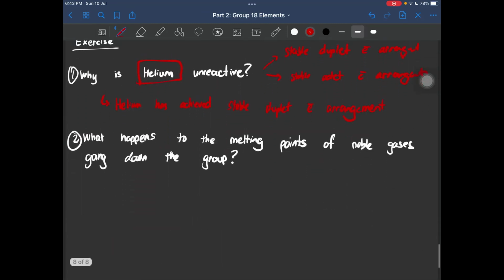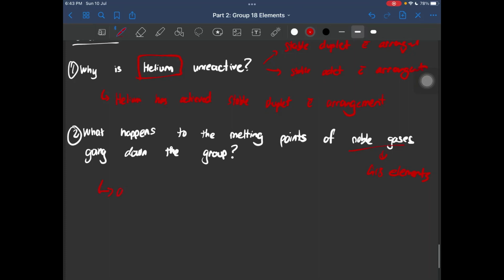Next, the final question before we wrap all of this up is what happens to the melting points of noble gases, which are group 18 elements, going down the group. Okay, so going down the group, we know that the atomic size increases. Therefore, when the atomic size increases, since group 18 elements or noble gases or inert gases are non-metals, they are held together by weak van der Waals forces of attraction, right?